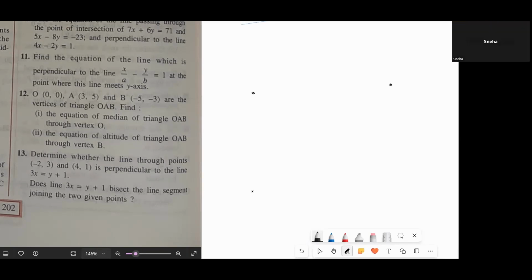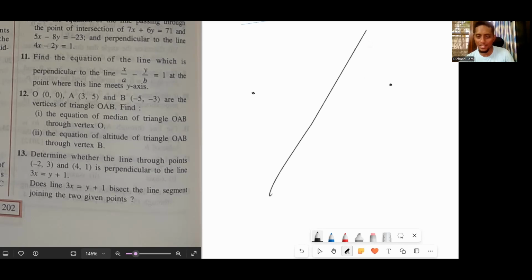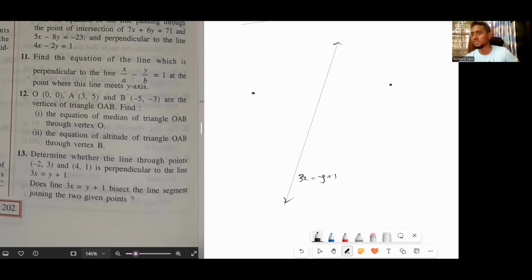The question is, does the line 3x is equal to y plus 1 bisect the line segment? See, this is a line. 3x is equal to y plus 1 is a line. Line means it doesn't have an ending. It goes on and on both sides. And the line segment joining these 2 points is a line segment.